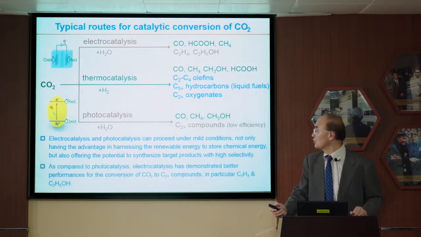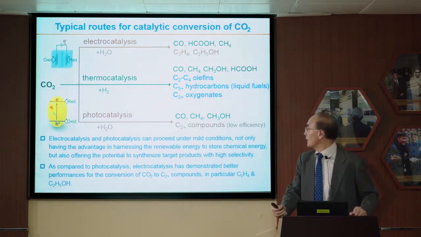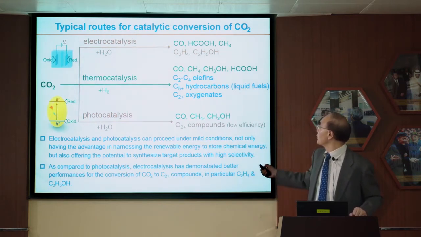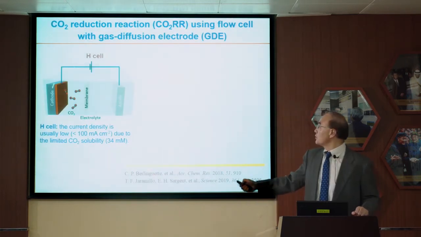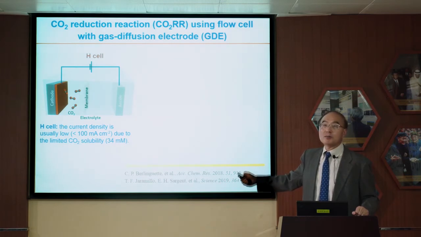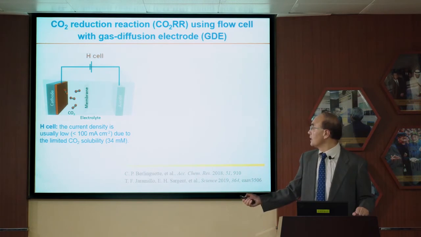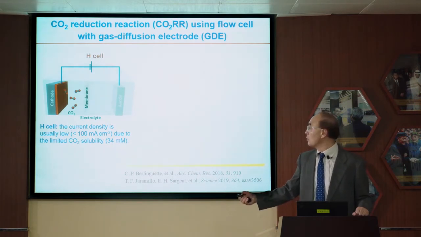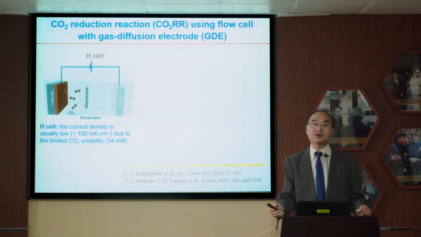As compared to photocatalysis, electrocatalysis has demonstrated a better performance for the conversion of CO2 to C2+ compounds, in particular ethylene and ethanol. Conventionally, the H cell is adopted for electrocatalytic CO2 reduction, but the current density is usually lower than 100 milliampere per square centimeter due to the limited CO2 solubility in aqueous solution.